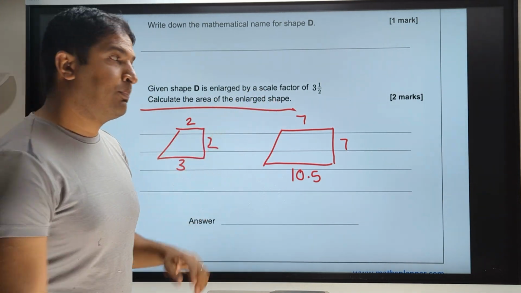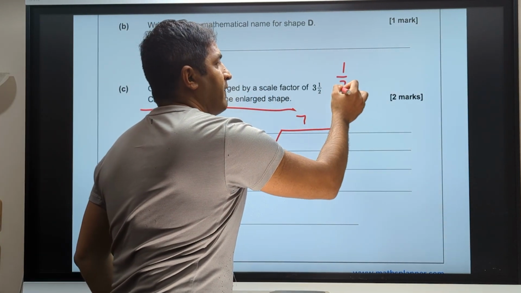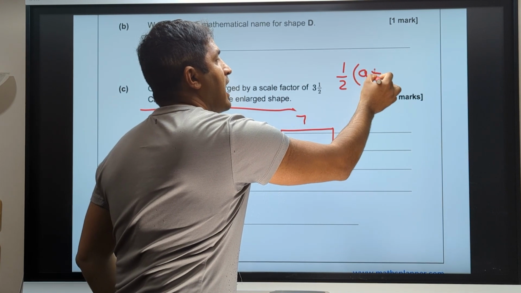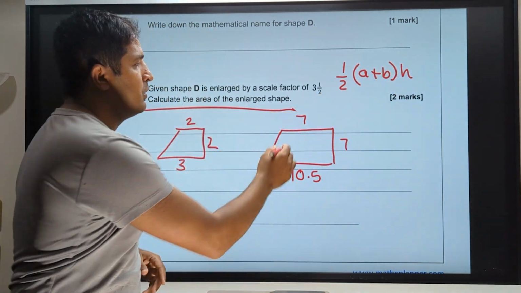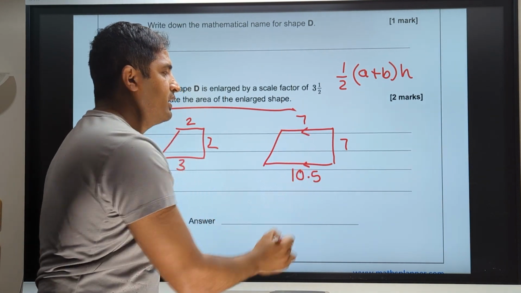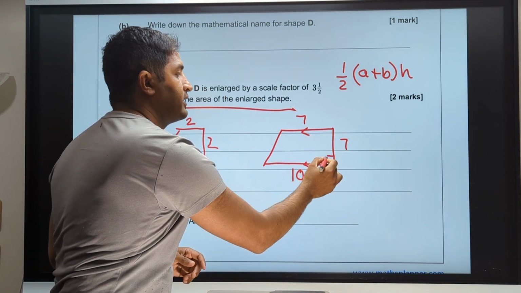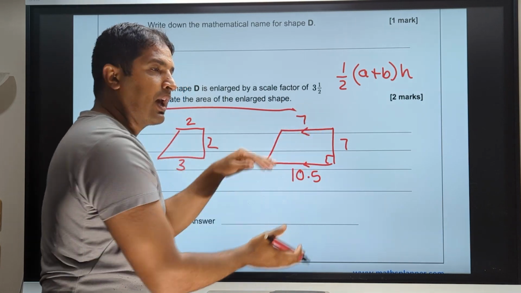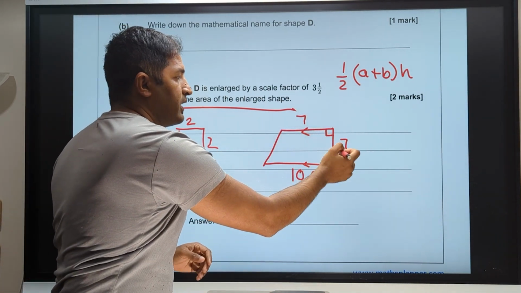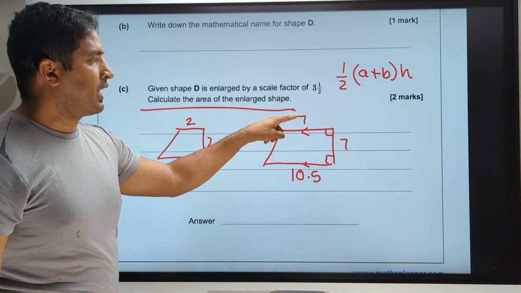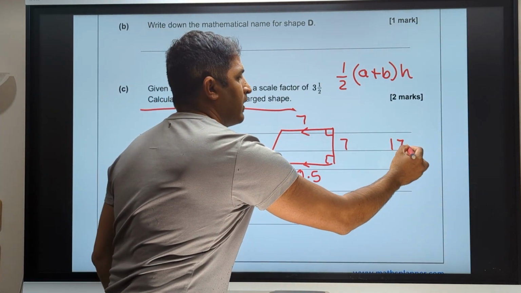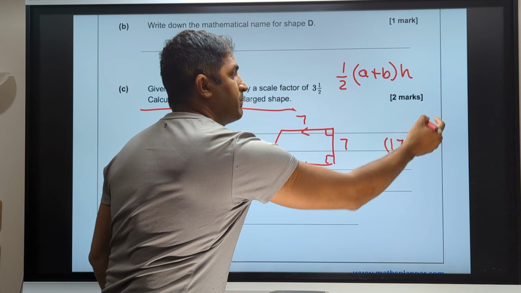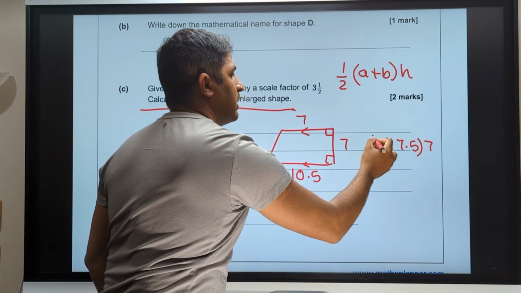So area of a trapezium comes from half times A plus B multiplied by height. Now A and B are the two parallel lines. These lines are parallel, and then the height is at a 90-degree angle to A and B. So this 7 is the height. So we're doing A plus B. So we get 17.5 multiplied by 7 and multiplied by half.